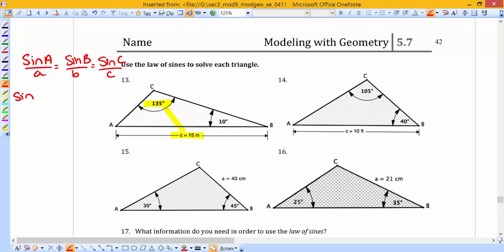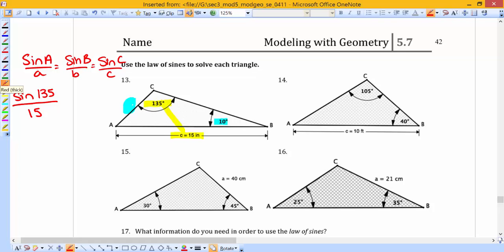So it's the sine of 135 over 15. That's the first pair that I am given. The next one is the 10 degrees, which pairs with this side, but I'm not given that side length.